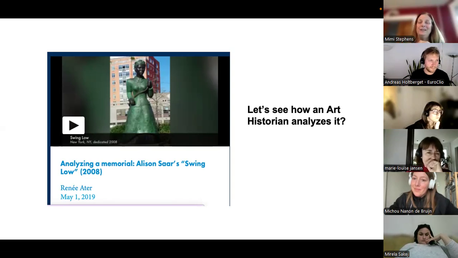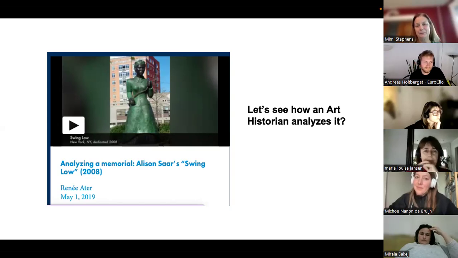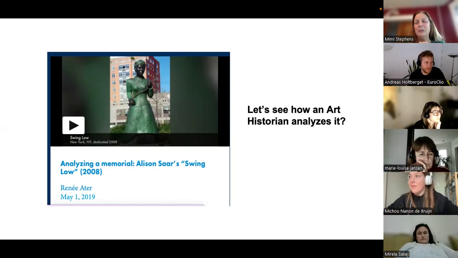So the history of the place can be interesting as well. Was this place used for something else before, and now it's used for this monument? That would be a good bit to look into.